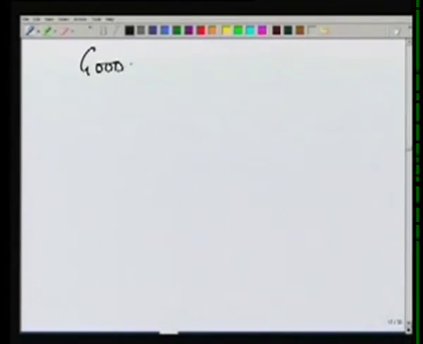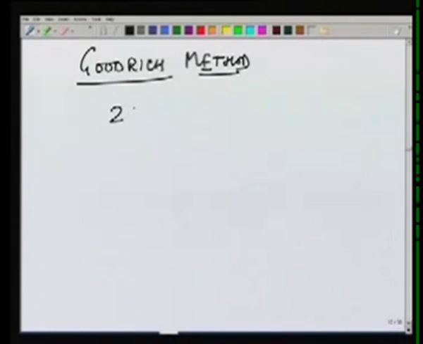In addition to this modified pulse method, there is another method which is commonly used, known as the Goodrich method. In the Goodrich method, the same equations are written in slightly different form, and the form which is used in this case is 2S2/delta t plus Q2.